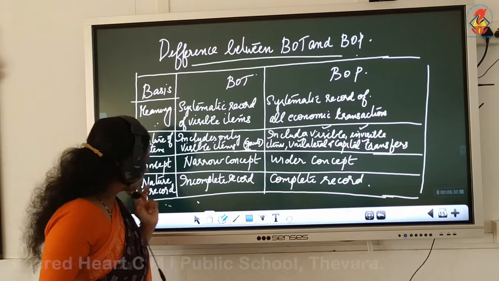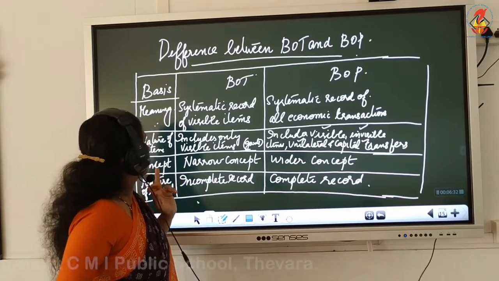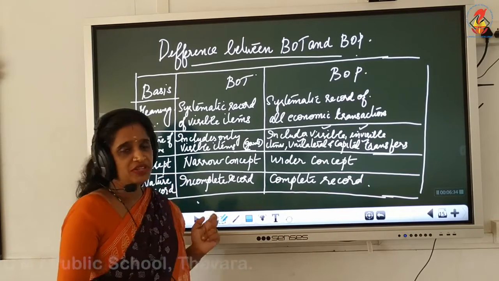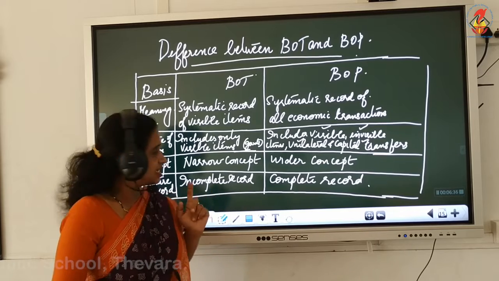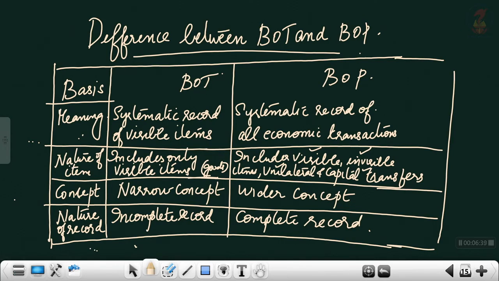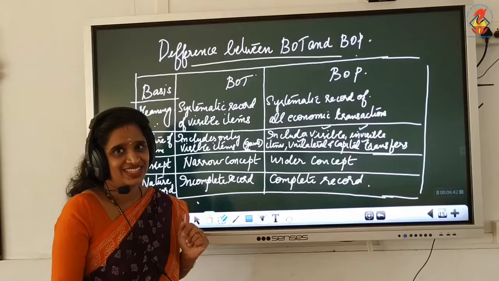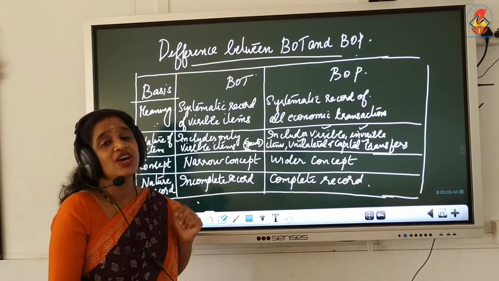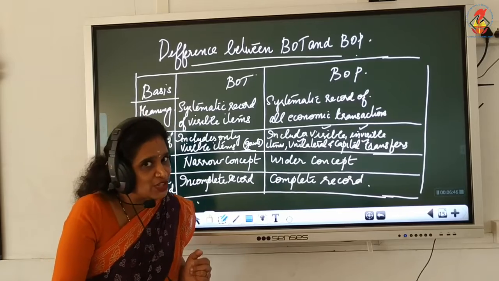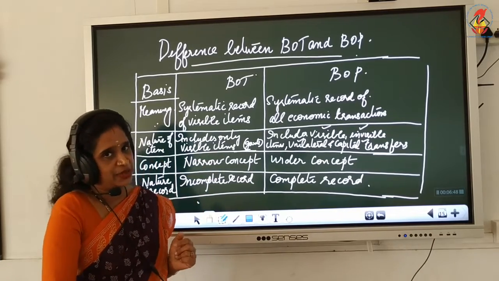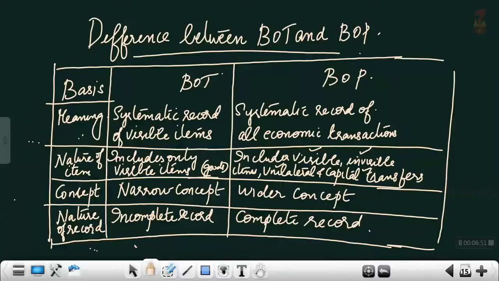Next we will move on to the next basis on which it is differentiated. Next is on the basis of the nature of a record. It is a systematic record. On the basis of record, how will you differentiate both balance of payment and balance of trade? Balance of trade is an incomplete record. Why is it an incomplete record?